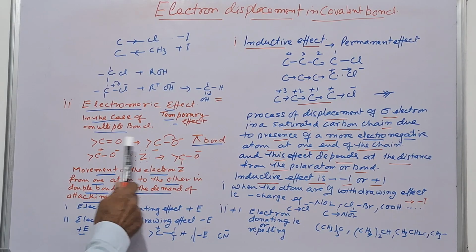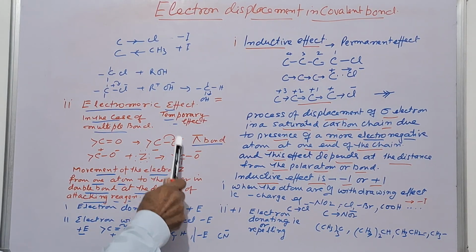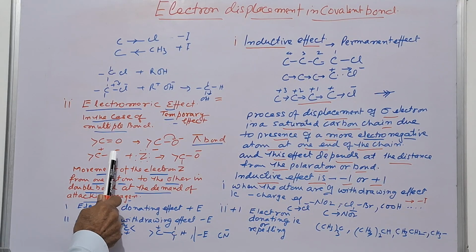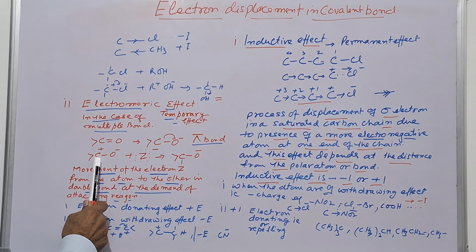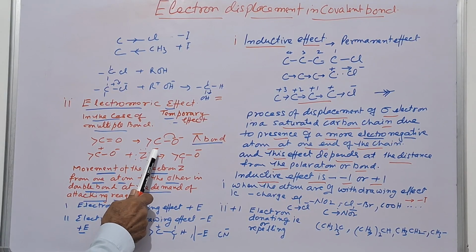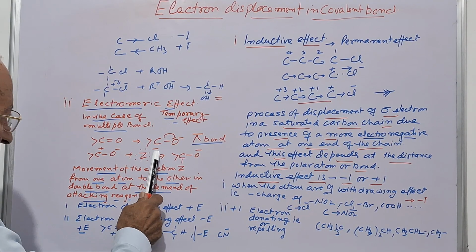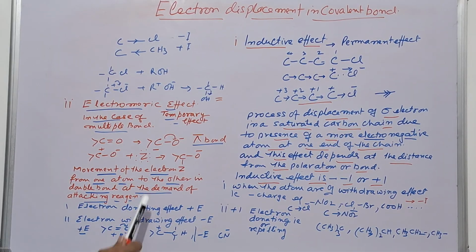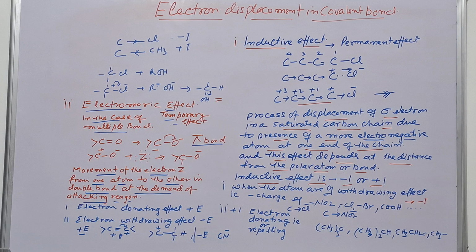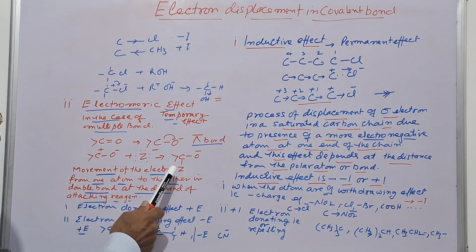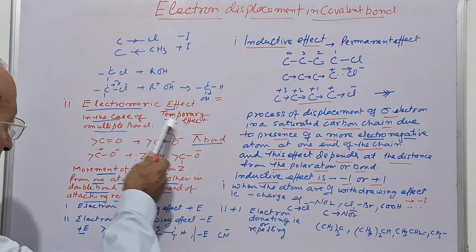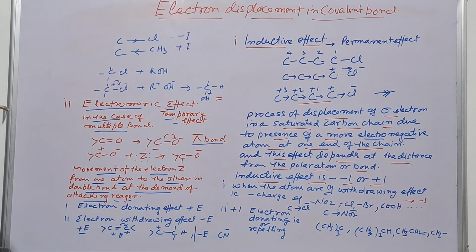Now in this pi bond, electrons shift toward the oxygen. Oxygen becomes negative and the carbon deficient of electrons. When the attacking reagent, suppose Z, which is negatively charged and electron rich, comes, Z will join to the carbon atom because it is deficient of electrons. As soon as this attacking reagent is removed, it again regains its original electronic configuration.